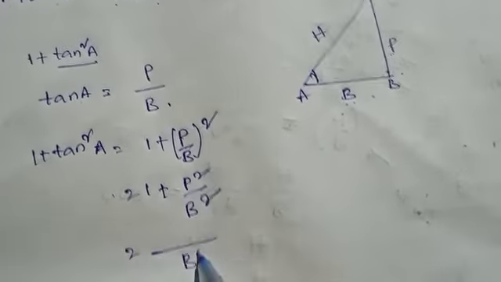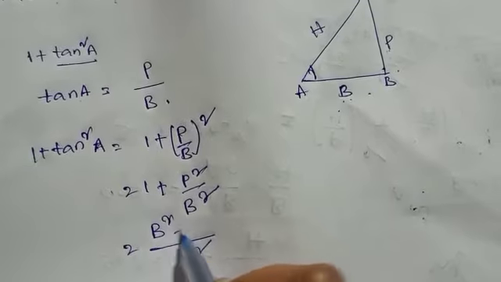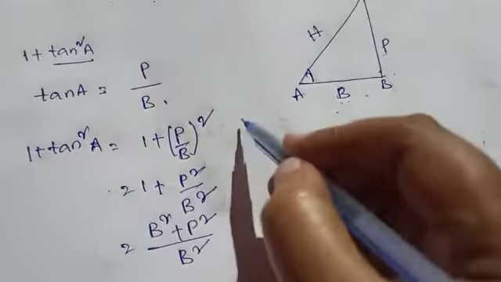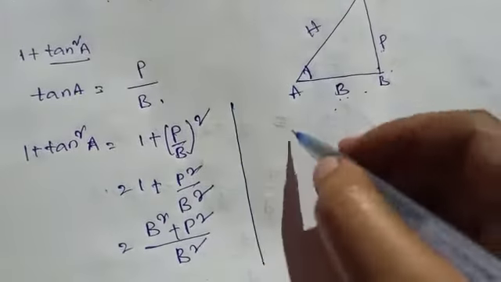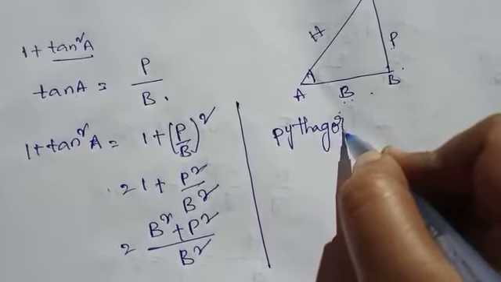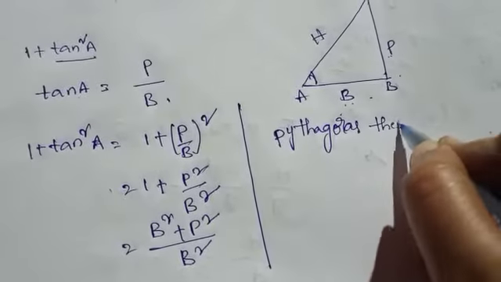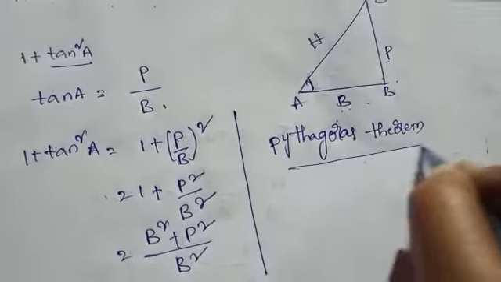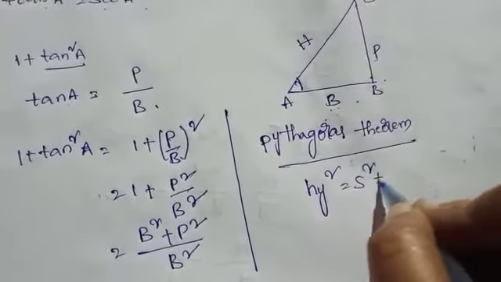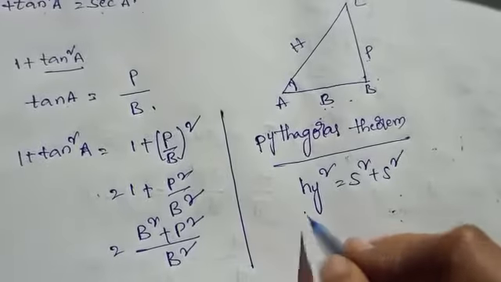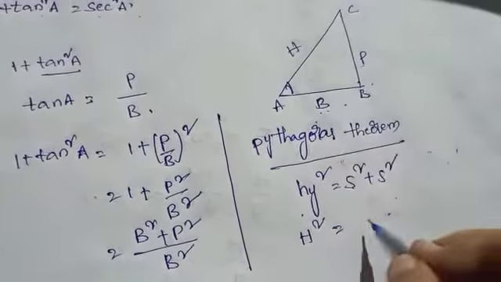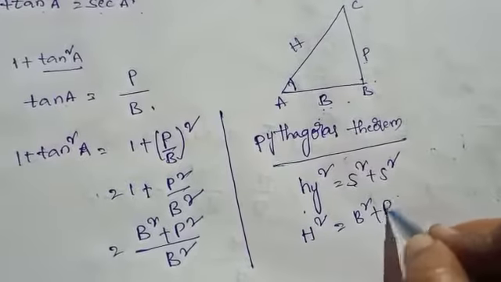Take LCM, B square: B square plus P square over B square. Here using the Pythagoras theorem, hypotenuse square equals side square plus side square, so H square equals B square plus P square.